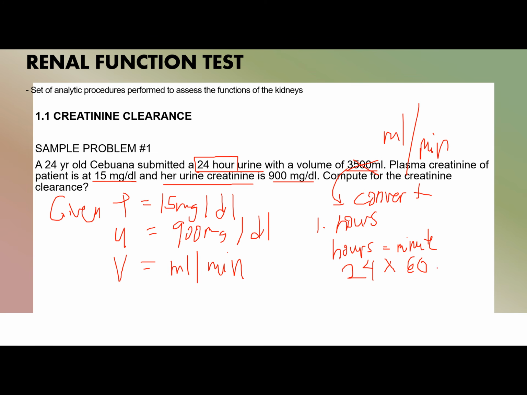Kasi nga, di ba, in 1 hour, there is 60 minutes. You would now get 1,440. Ang gagawin mo ngayon, i-divide mo siya. So, 3,500 divided by 1,440. Gamit tayo ng calculator, class.